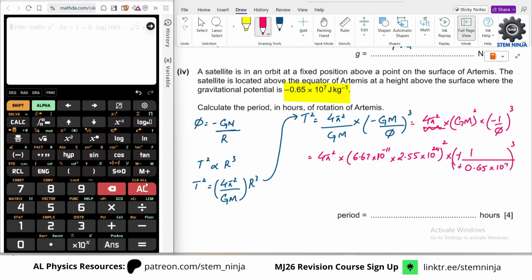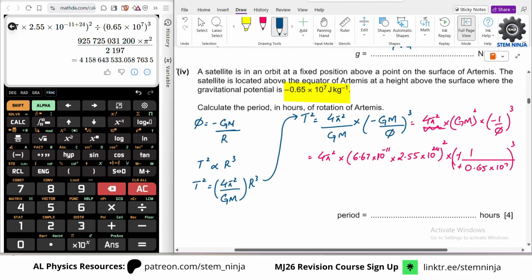Now let's find out. So 4 pi squared times the square of 6.67 times 2.55, 10 raised to power minus 11 plus 24, divided by 0.65 × 10^7 whole cubed.